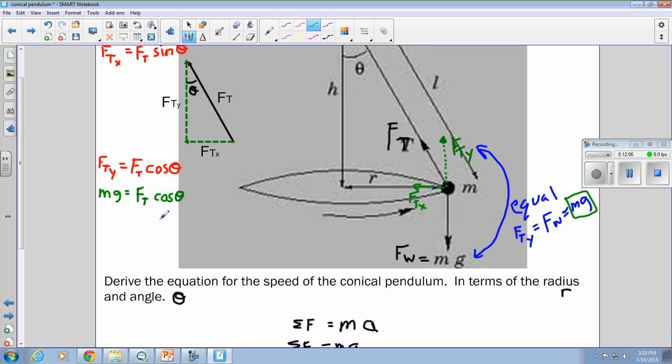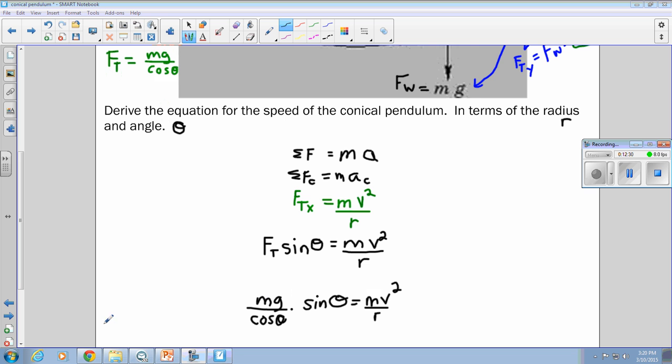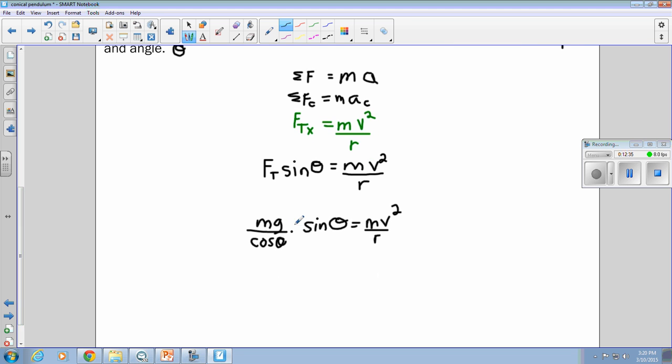And if we divide both sides by cosine of theta, we learn that force tension is equal to mg divided by cosine of theta. So we can take all of this and plug it in for our force tension. That leads us to a further expanded equation: mg over cosine of theta times sine of theta equals mv squared over r.